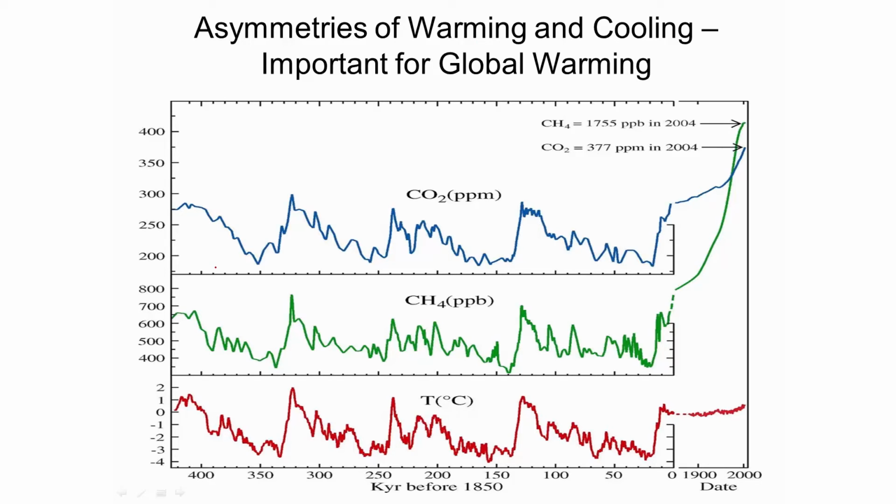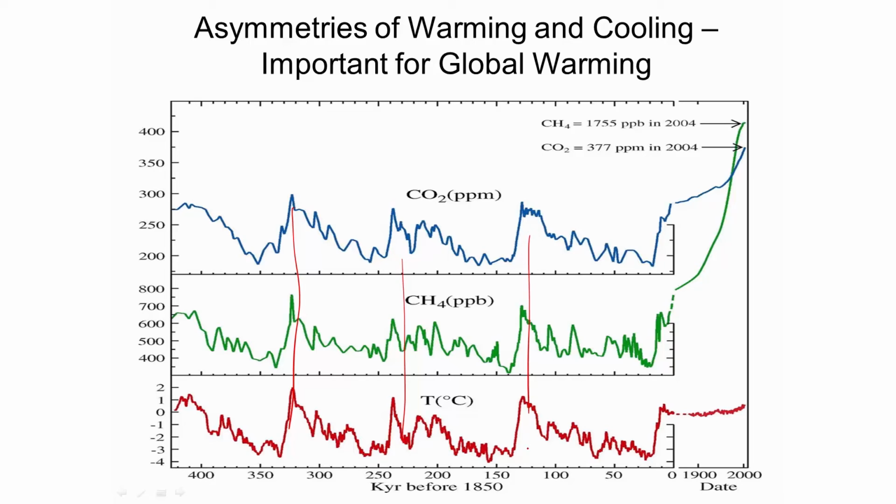So, this is putting together the ice core data in one plot. So, here is the carbon dioxide and the methane we looked at. Here is the temperature change we have looked at before, and you can see that they are all changing coherently.